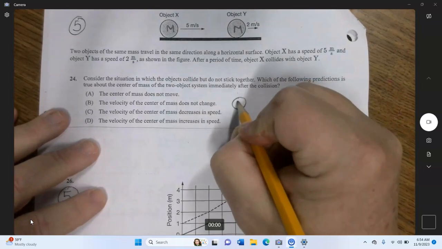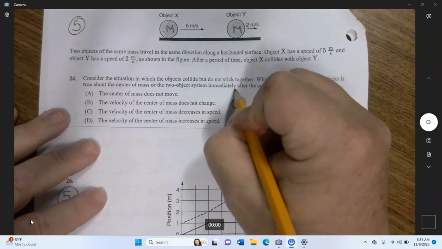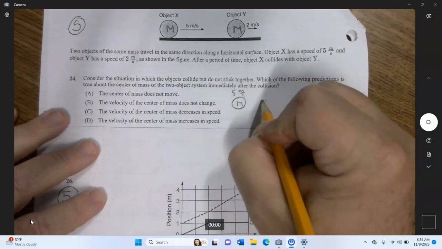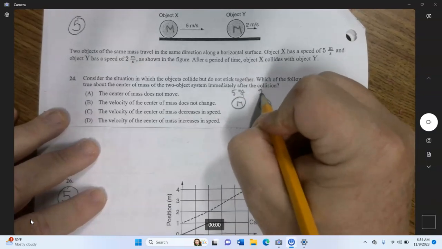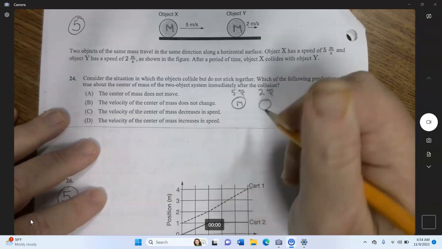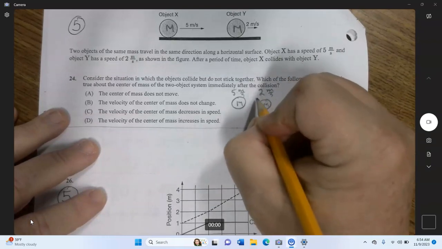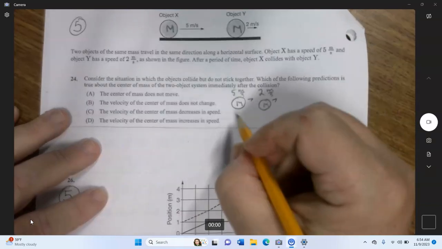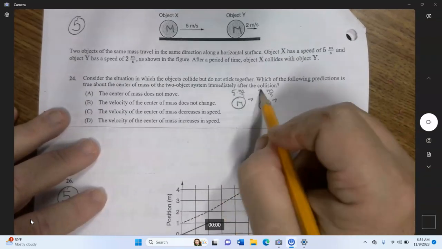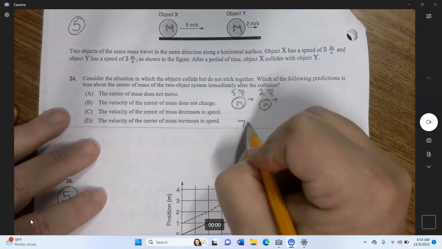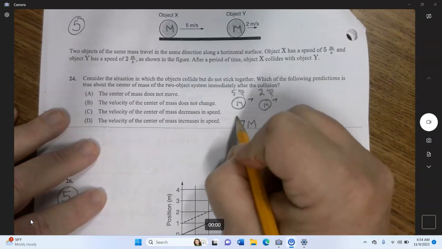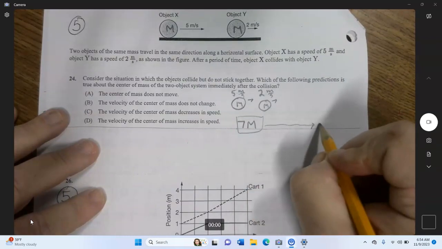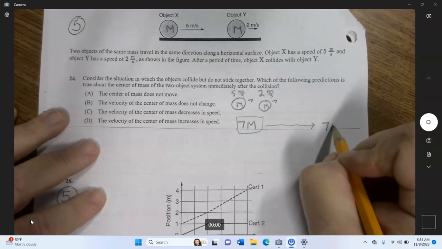I'm going to make this M, and this is 5 meters per second. Both are positive. So it's going to be 5m plus 2m equals 7m, the total momentum of those two together. That means after the collision, it's still going to be 7m.